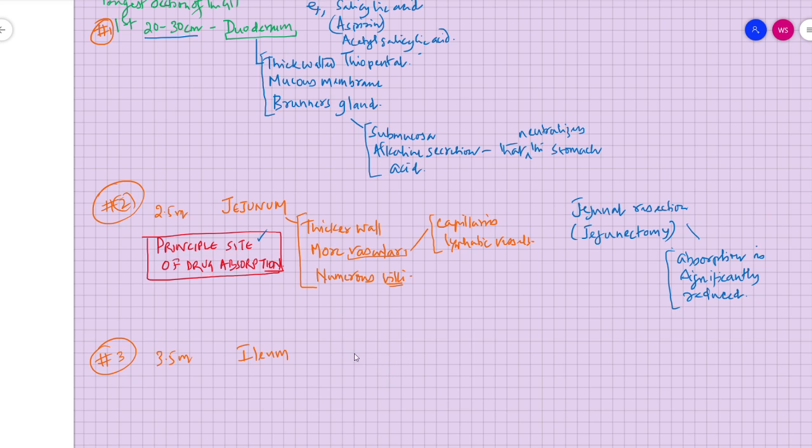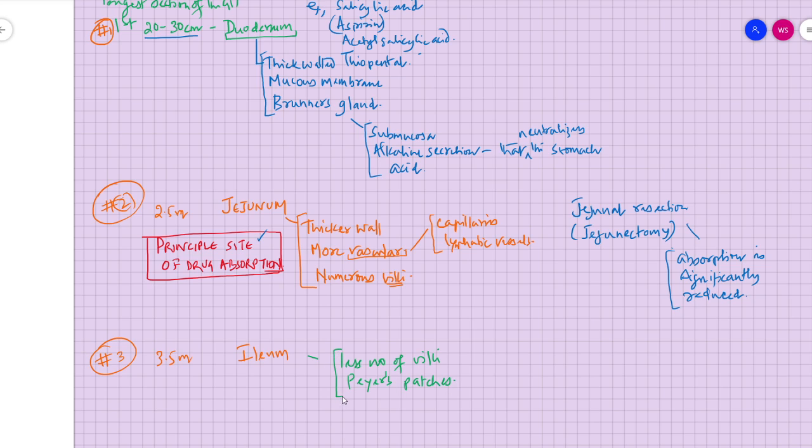In ileum there are fewer villi, and what is significant in the ileum is the presence of Peyer's patches.